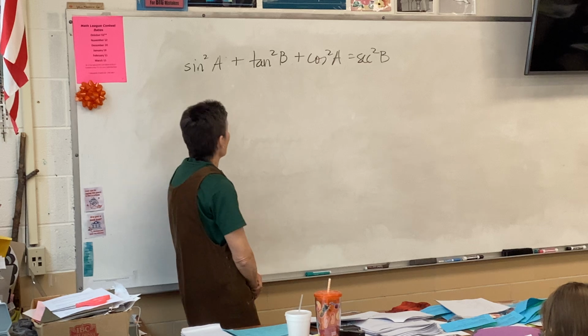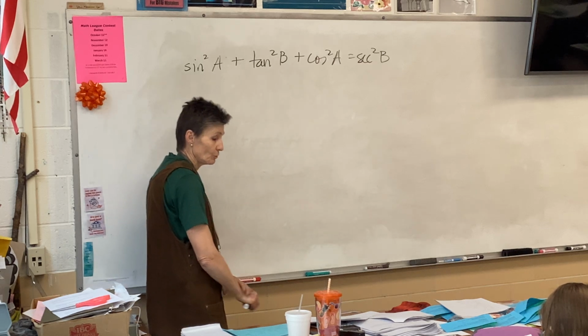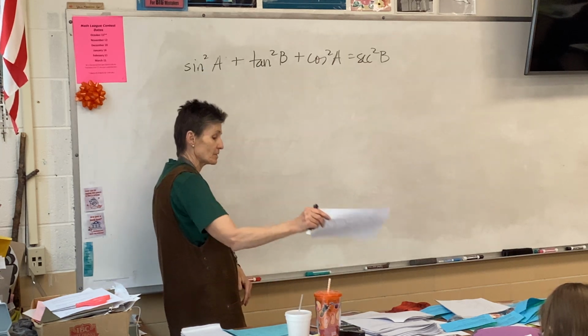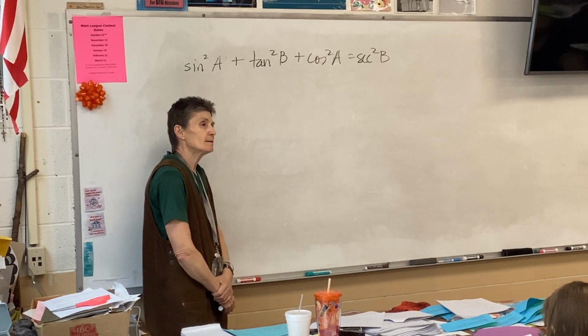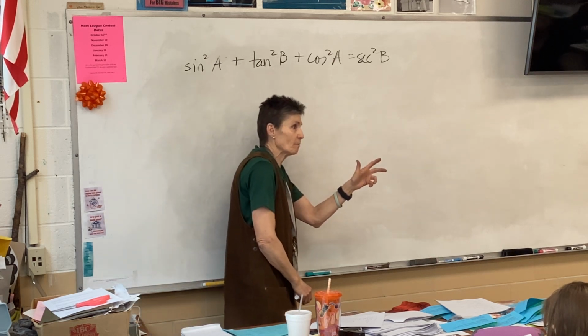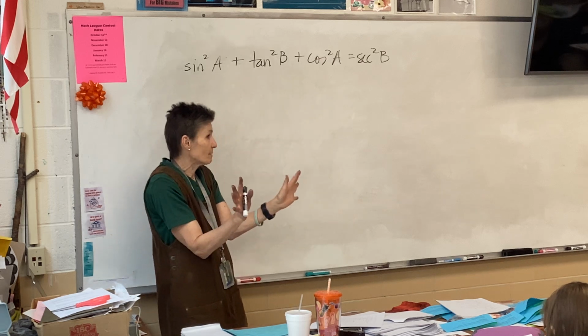All right, take a look at it. This is problem number 2 on the review packet I just handed out. Does anyone notice anything? No, they're all squared. Well, we've not encountered this before. We've got 2 different variables all involved.